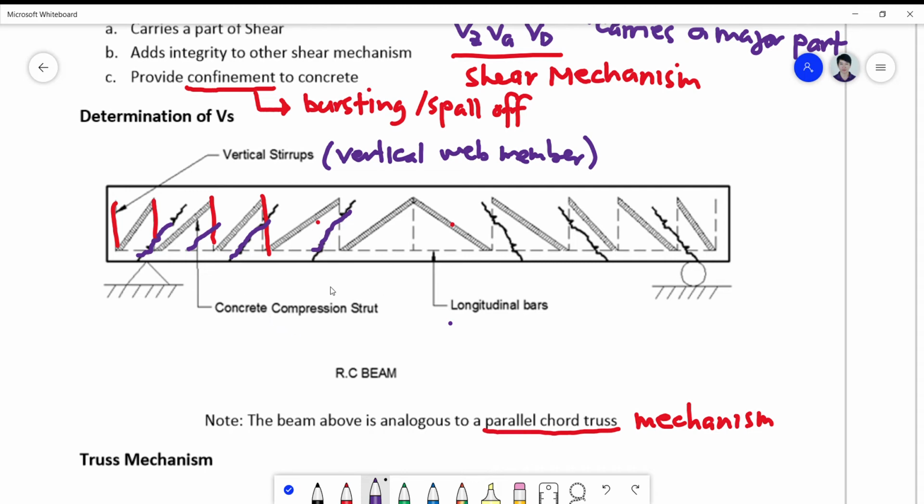These longitudinal bars act as your bottom chord of the truss. These are the diagonal web members.